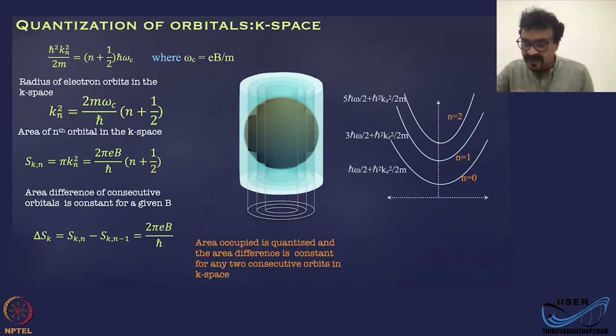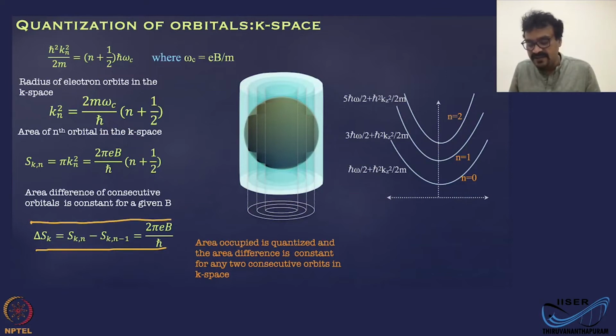And the area difference in the K space between successive Landau levels is 2 pi e B by h bar. What that says is that this cannot take any arbitrary value. For any given field, that is 2 pi e B by h bar, which is a constant.